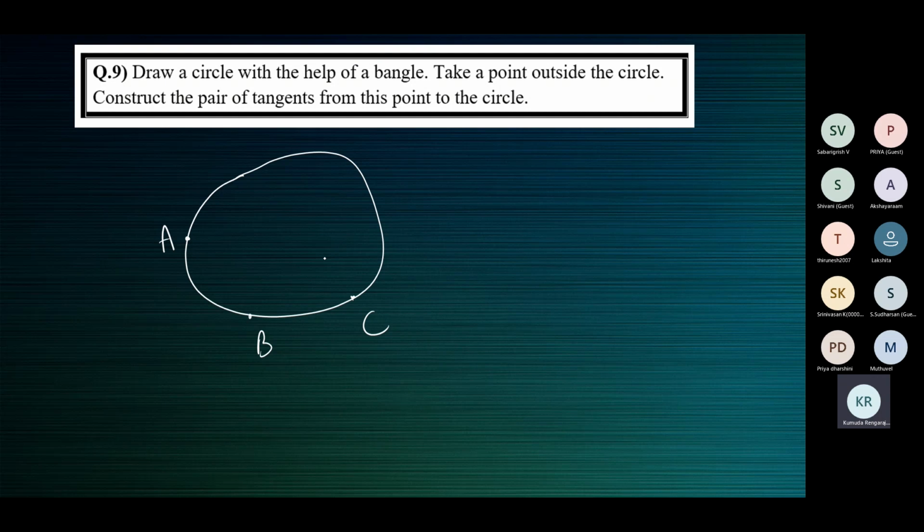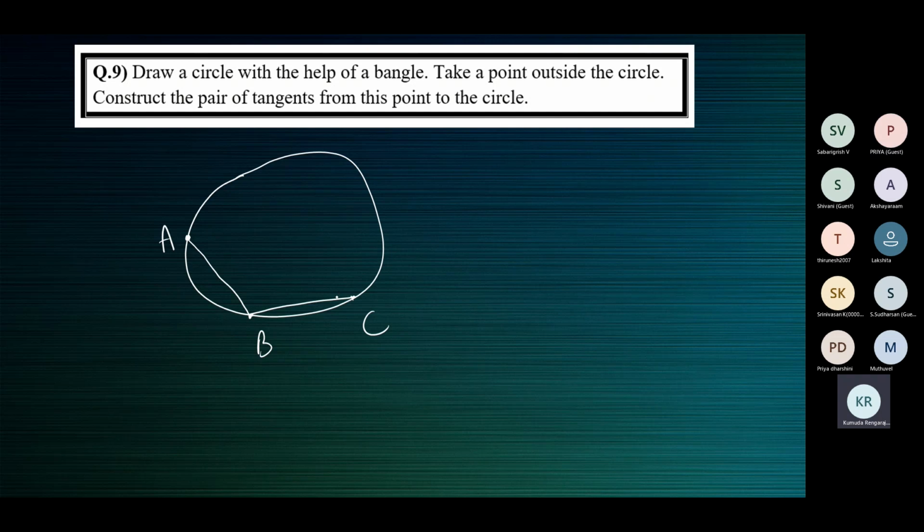We join A to B and B to C. AB and BC are chords to the circle. They're intersecting chords, 2 chords that intersect at B.